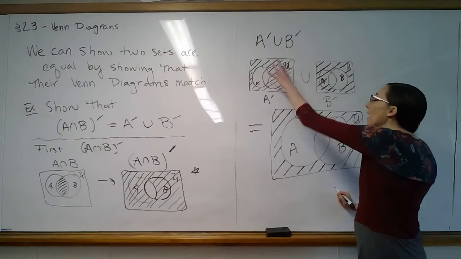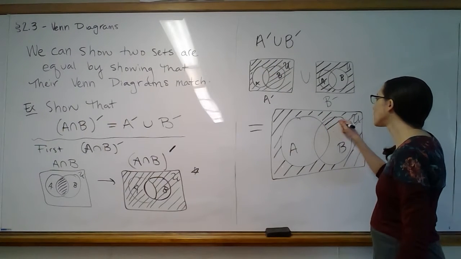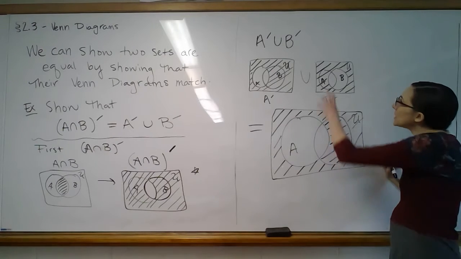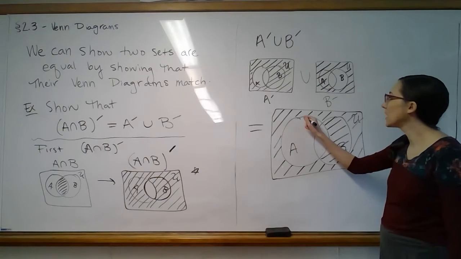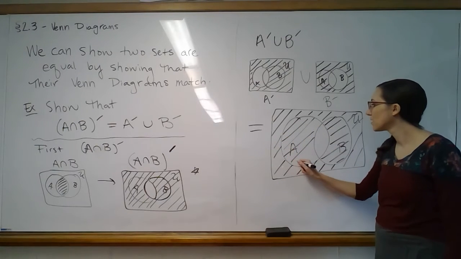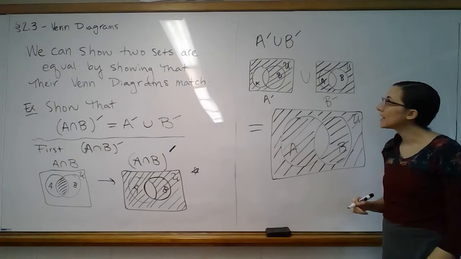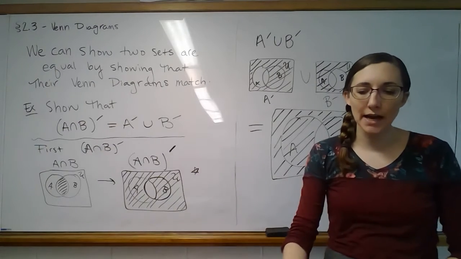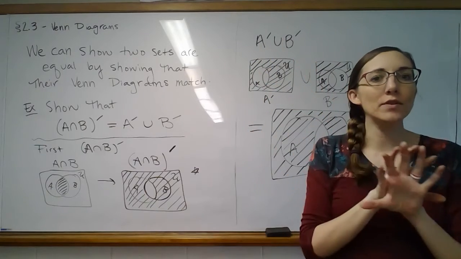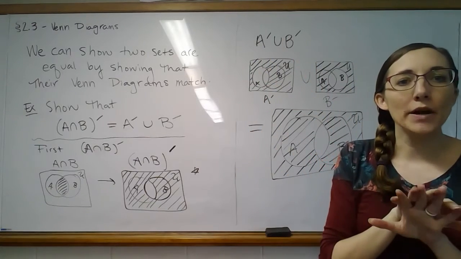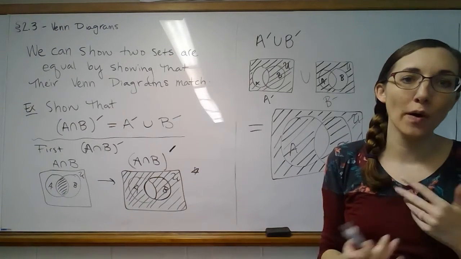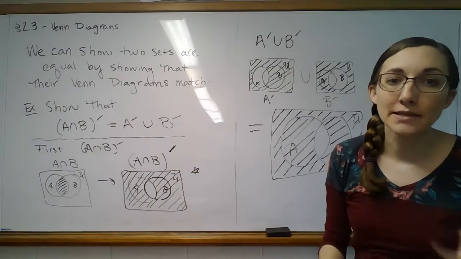Notice in this picture, I have the portion inside of circle B, so I'll shade that. In this picture, I also have the portion inside of circle A, so I'll shade that. Essentially, if you picture it, it's like I took those two Venn diagrams and just overlaid them. So I laid one on top of the other and just shaded everything that was shaded. So just join all of the shadings together and see what we get.